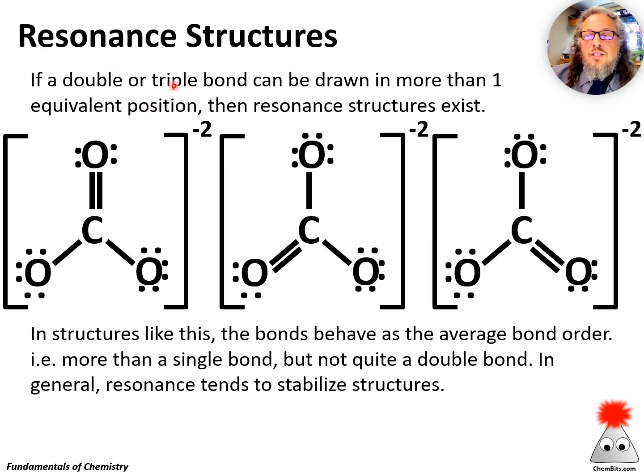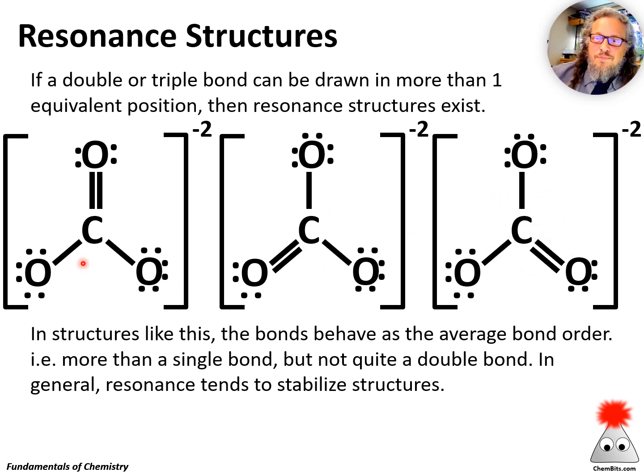If you've got a structure with a double or a triple bond that can be drawn equivalently in more than one spot, then we've got something called resonance structure. So here's the one that we used, but this one is equally valid. This one is equally valid.